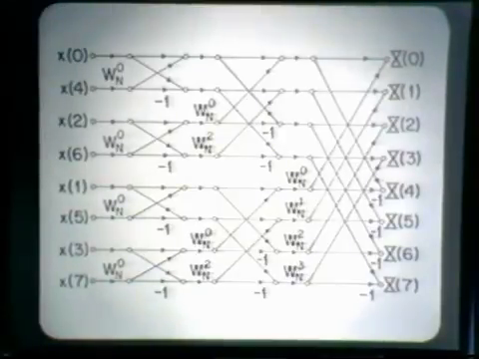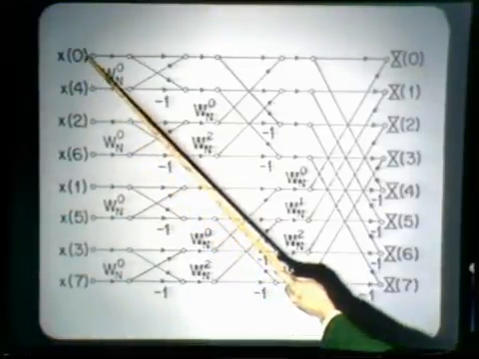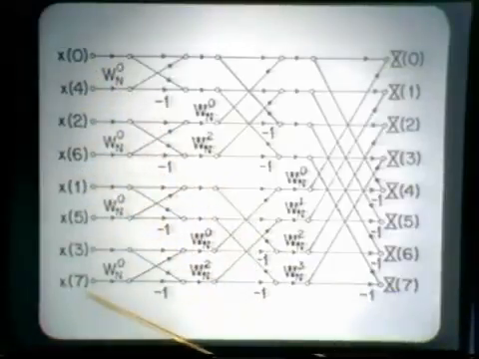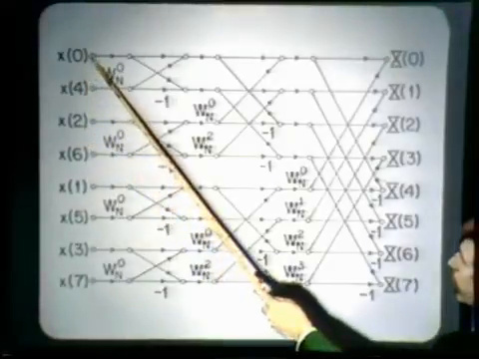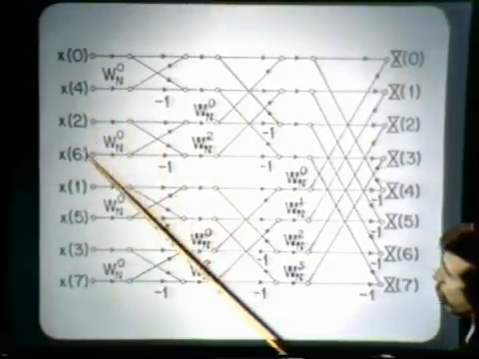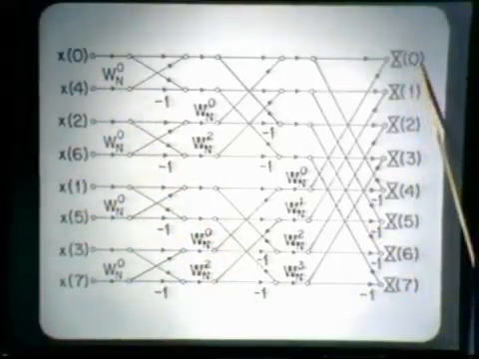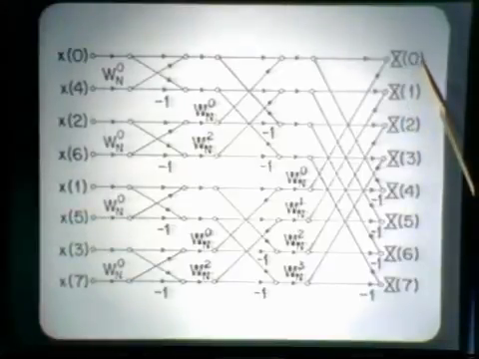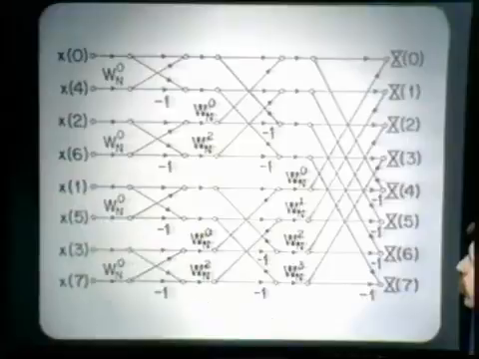There are a few things that I would like to draw your attention to, one primary one in particular at this point, and that is that we notice that the input sequence values, because of the way that we derived this algorithm, got rearranged in a somewhat funny order at the input to the flow graph, although they come out of the flow graph in a sequential order, 0, 1, 2, 3, etc. Over here, it's an order 0, 4, 2, 6, 1, 5, 3, 7.